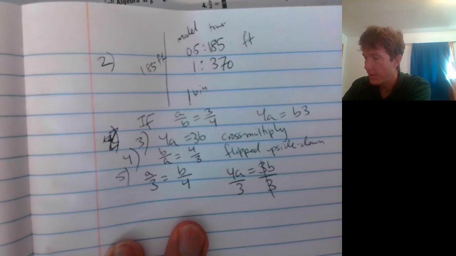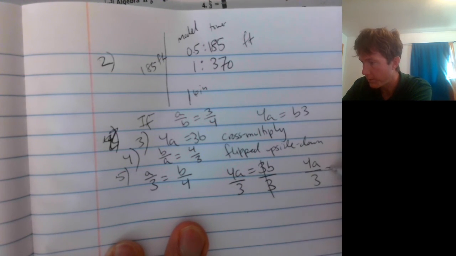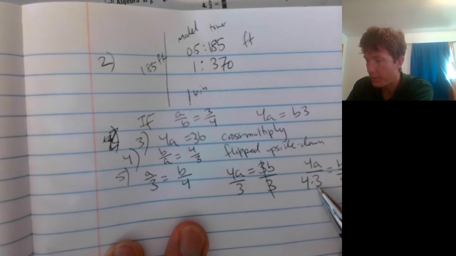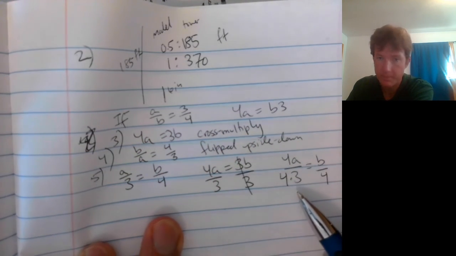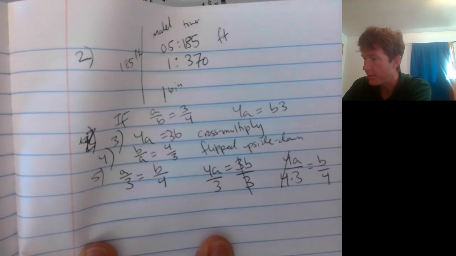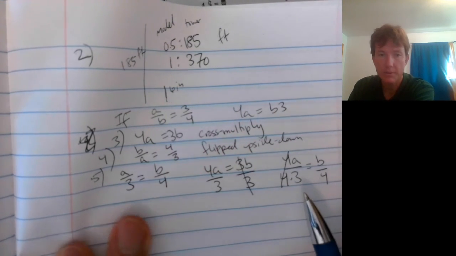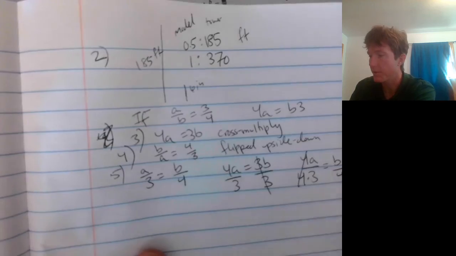Now the 3's cancel, and then I'll divide both sides. So I'm at 4a over 3 equals b. Now I'll divide both sides by 4. When you divide by 4 and you already have something down there, it gets multiplied. Then the 4's cancel, and you get a over 3 is equal to b over 4. So I just confirmed that.